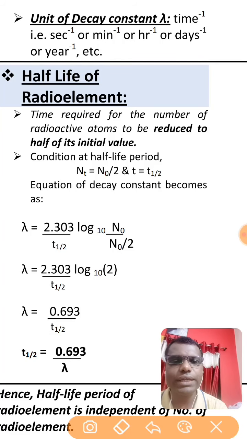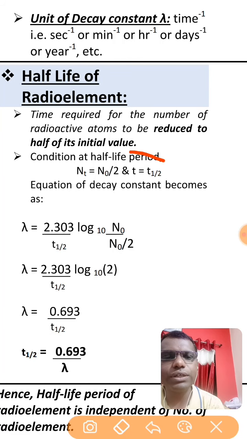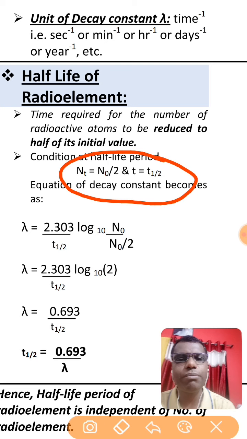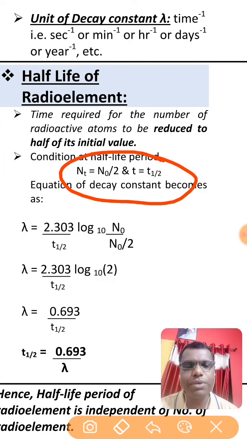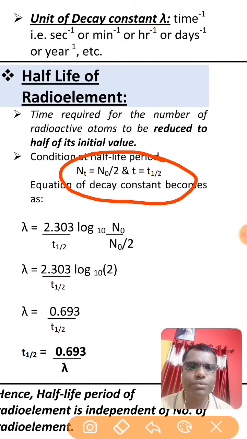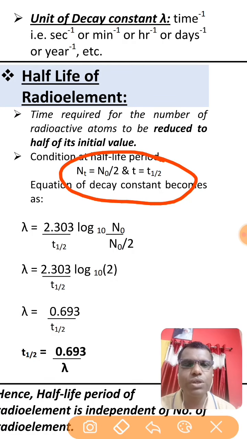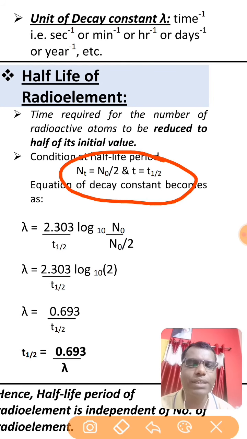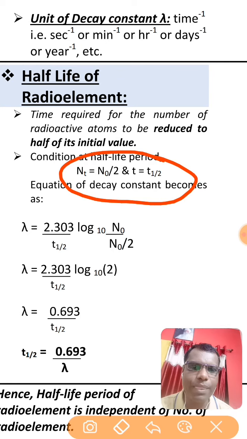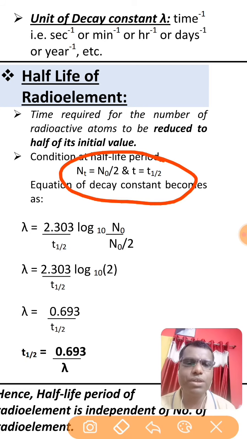So here, the condition for the half-life period will be that the number of atoms will be half of the initial. Here, the initial number of atoms will be n0, that will reduce to n0 divided by 2, which gives the value of nt. So nt is the number of atoms at any time, or number of atoms at the half-life period, and that number of atoms becomes half of the initial, means half of n0.